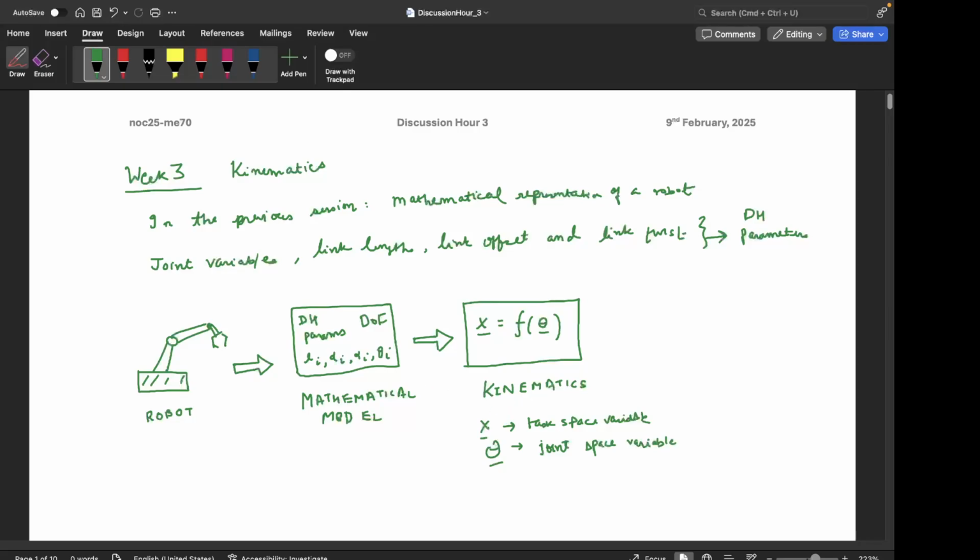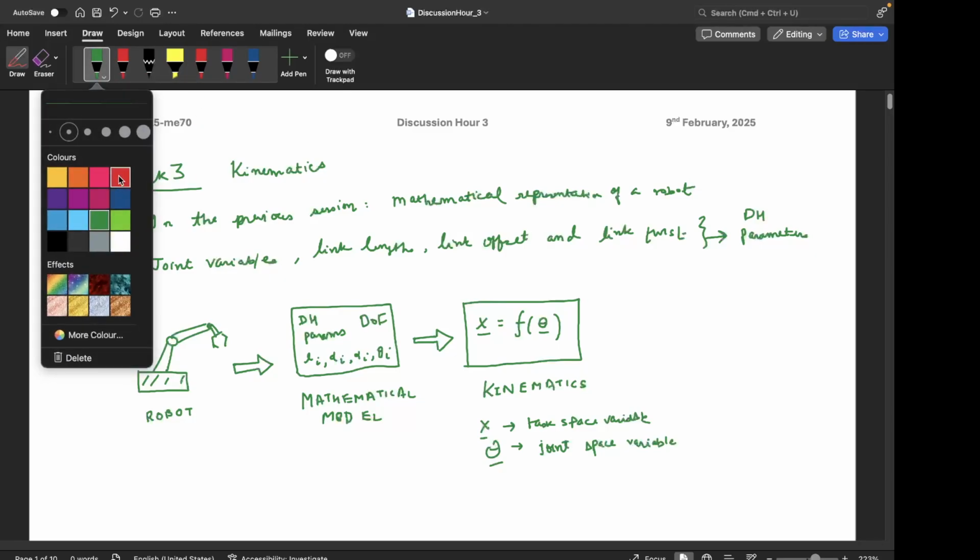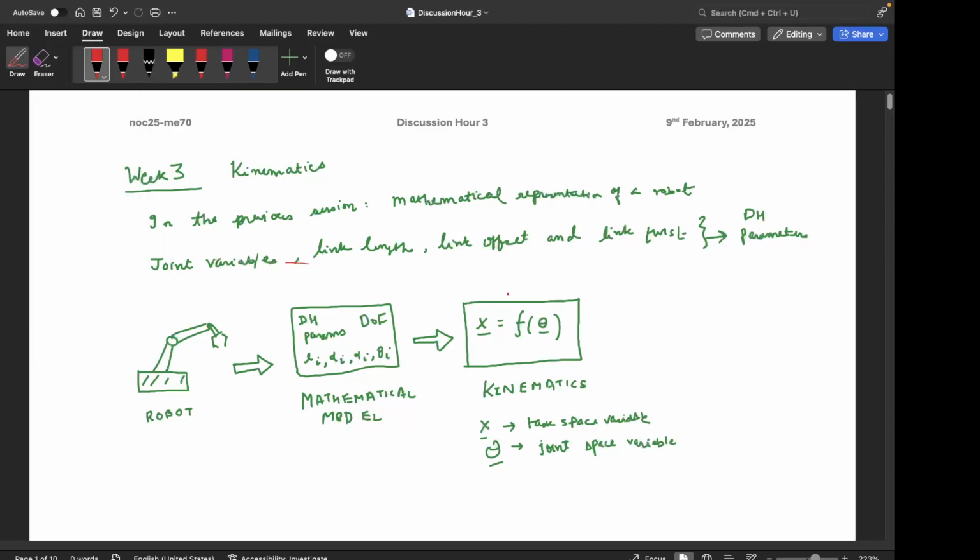This is where we are at the current stage, and today our focus would be this block. This is the focus of today's session.